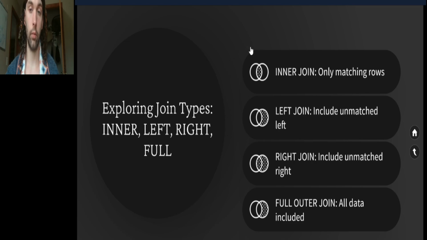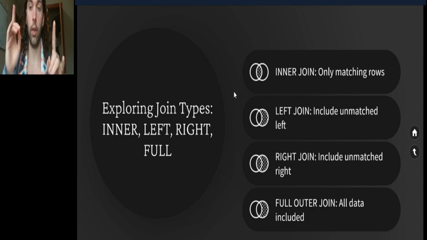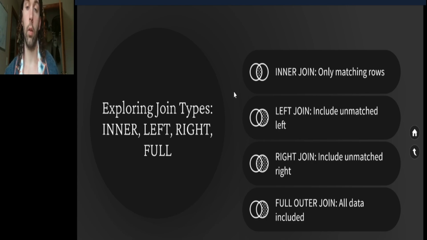Just a quick visual, inner join, you're going to grab only the places where the customer ID in customers and the customer ID in orders is the same. You're going to grab that intersection. Left join, you are going to get all the data from the left table, and you're going to get nulls in the right table.